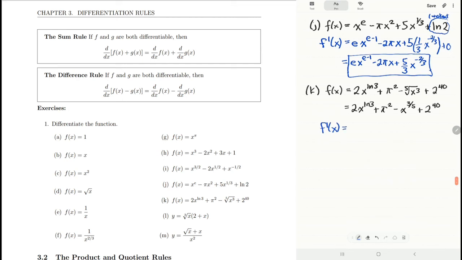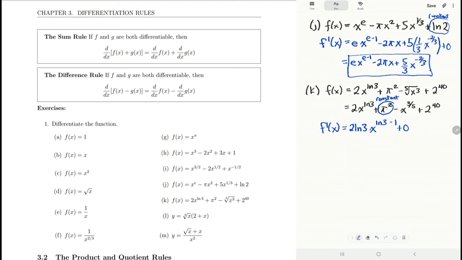So now we can apply our rules of derivatives. So we will multiply the exponent in front. So 2 times the natural log of 3 times x to the power of the natural log of 3 minus 1. Now pi squared is a constant, and so the derivative of a constant is 0.